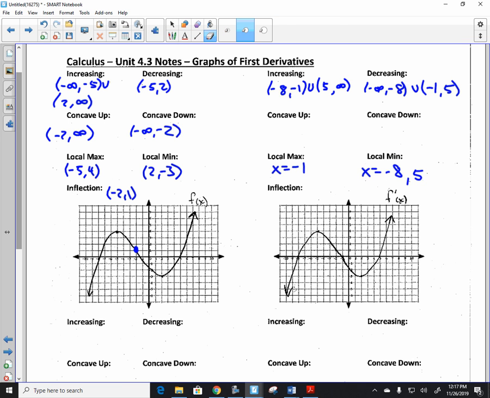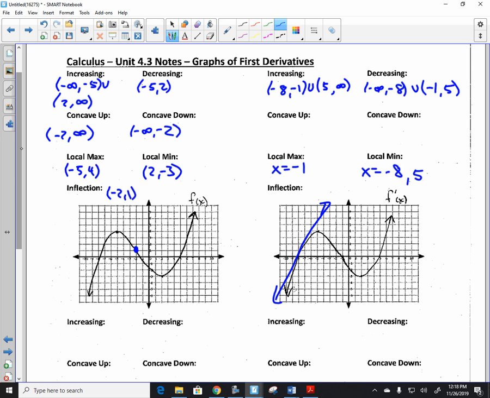Concavity. This is where things generally start to fall apart for people, okay? Concavity, we're looking for where f double prime is positive. That's where it's concave up, right? So is this the first derivative or the second derivative? First derivative. So I'm going to draw the second derivative by drawing a tangent line.